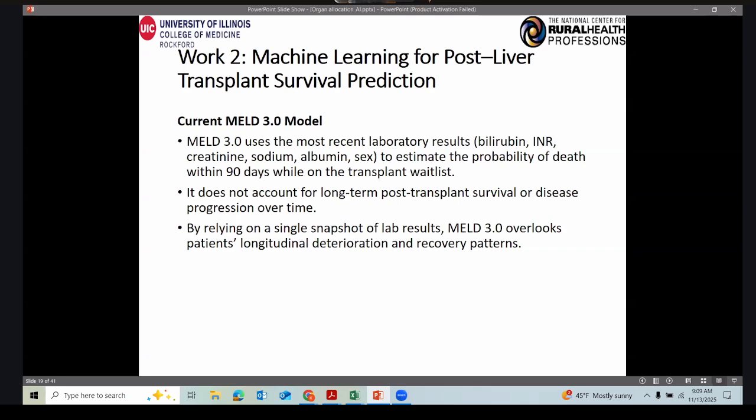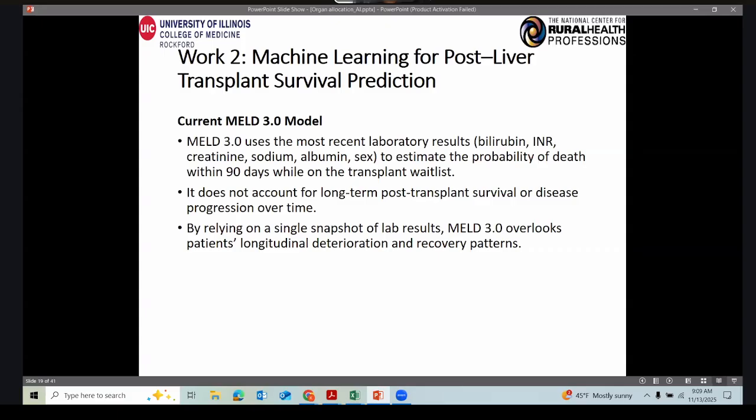The MELD 3.0, as we all know, calculates a score using the most recent laboratory results, including bilirubin, INR, creatinine, sodium, and albumin, and sex, to estimate the patient's probability of death within 90 days while they are on the transplant waiting list.